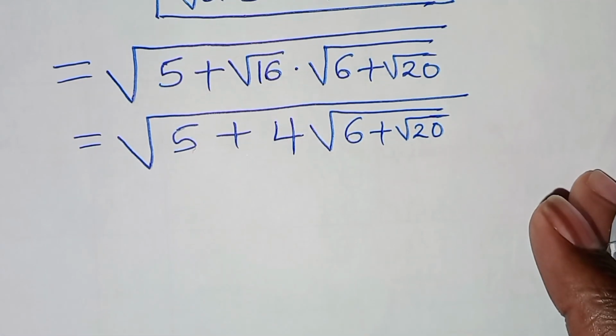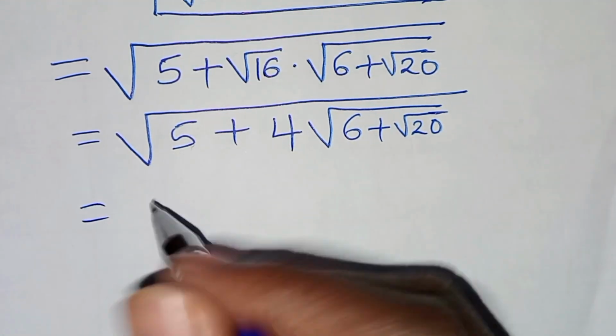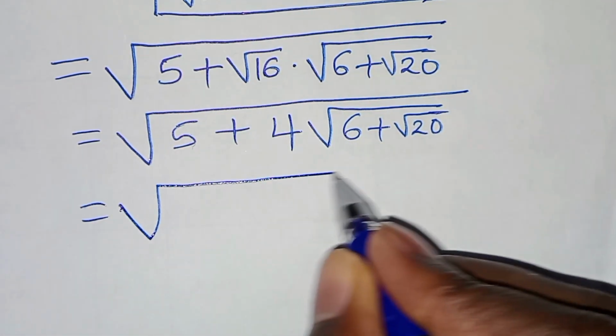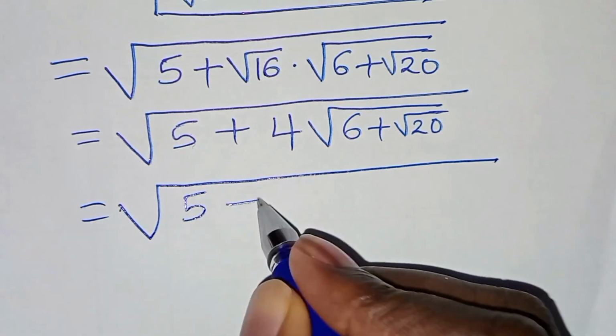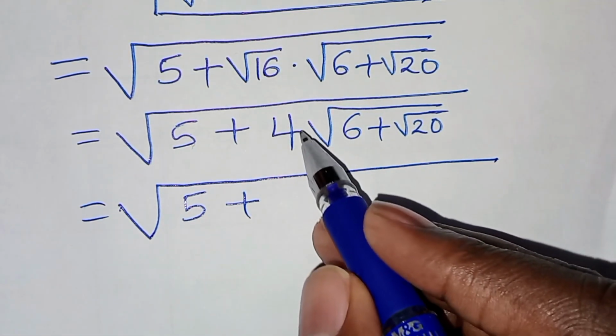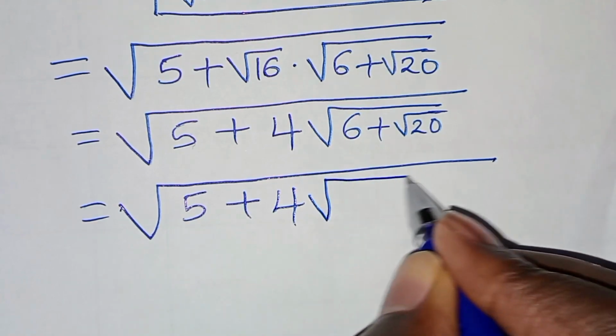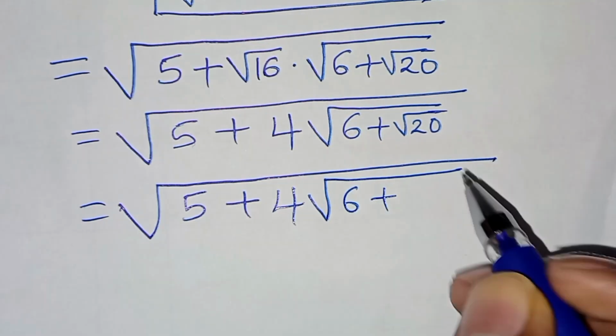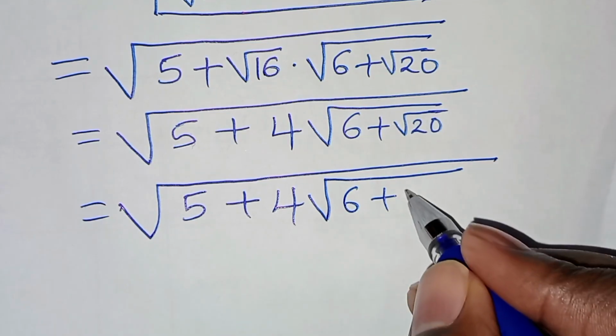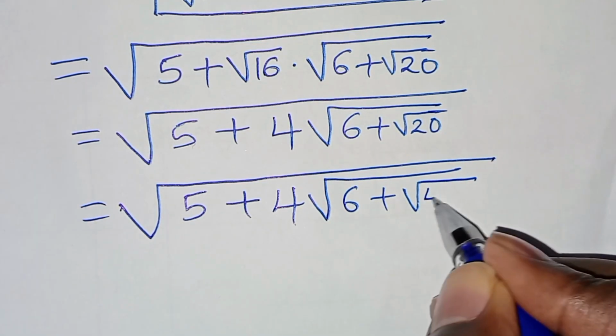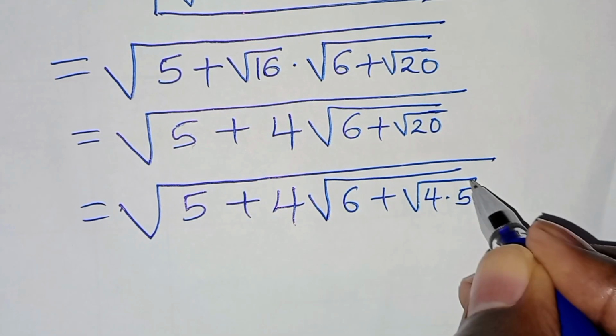Now, the next step is that we have the square root of 5 plus, now here we have 4 square root of 6 plus, we can express square root of 20 as square root of 4 multiplied by 5.